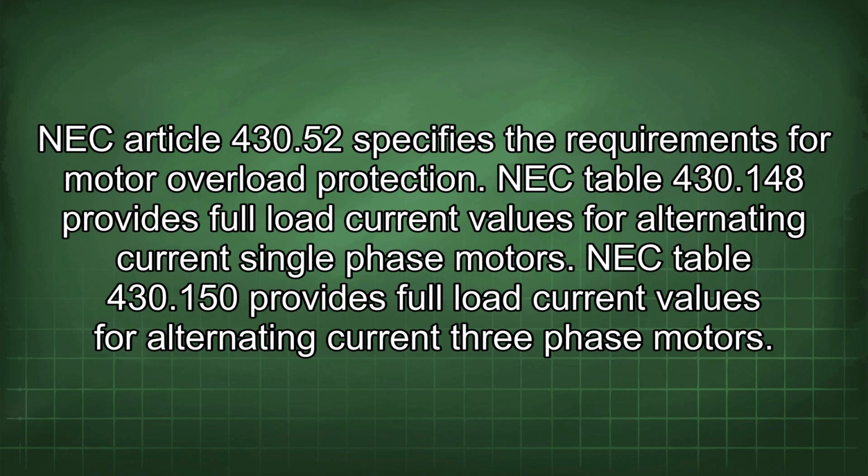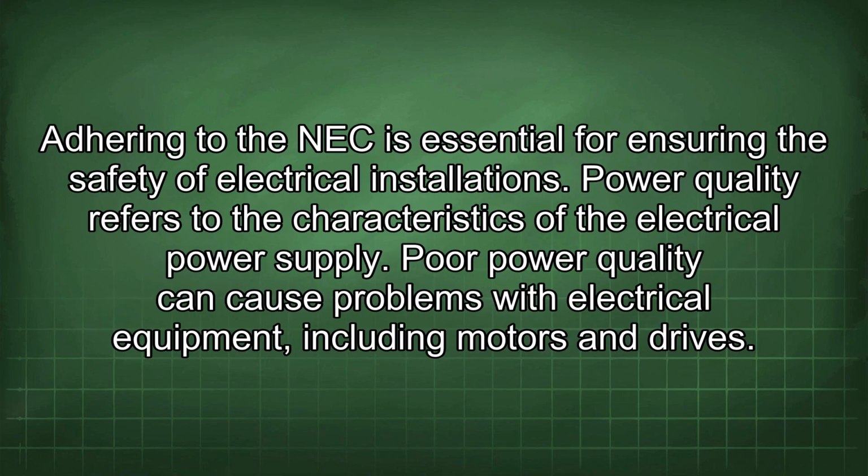NEC Table 430.148 provides full load current values for alternating current single-phase motors. NEC Table 430.150 provides full load current values for alternating current three-phase motors. Adhering to the NEC is essential for ensuring the safety of electrical installations.